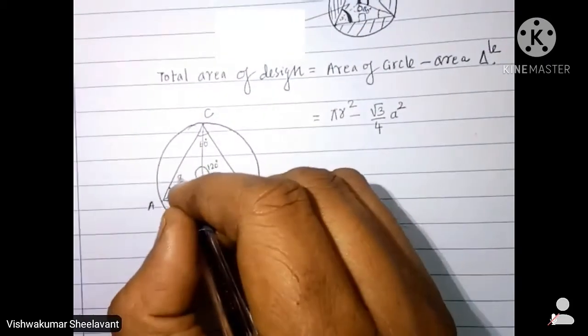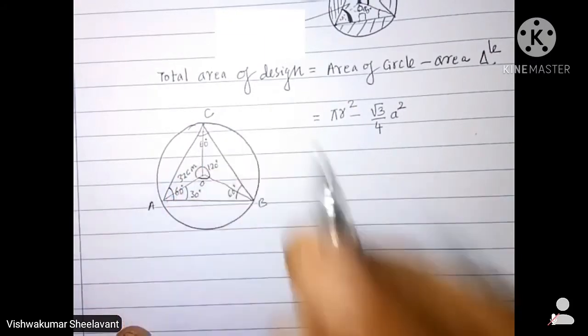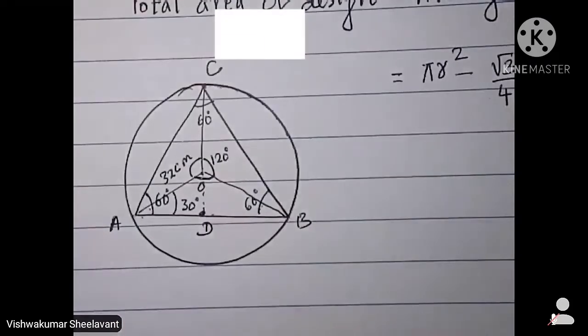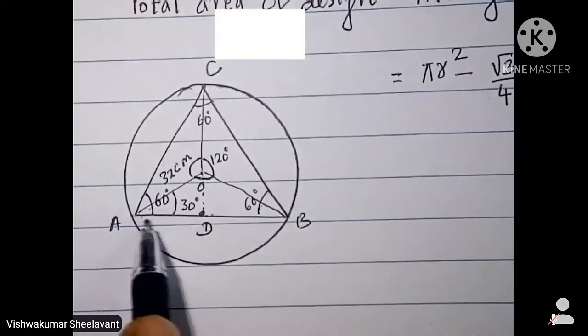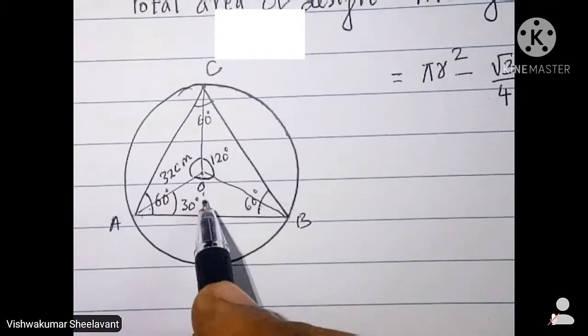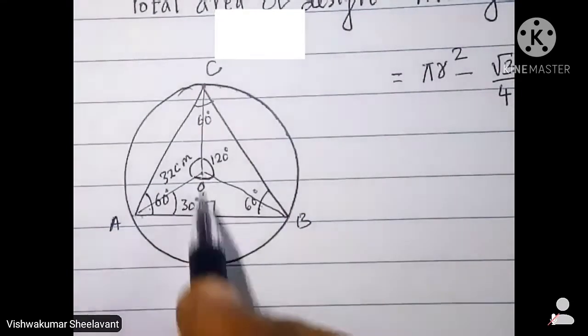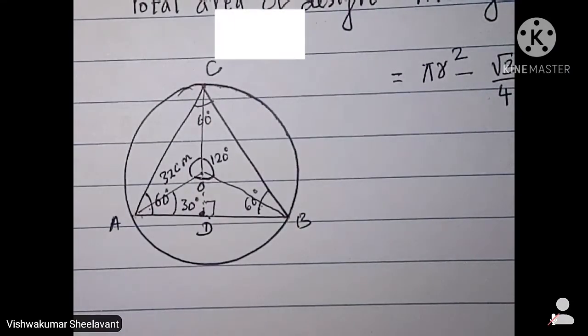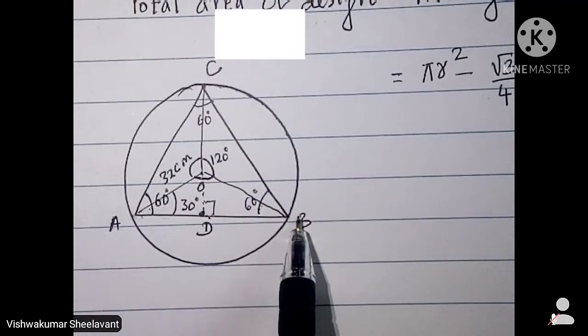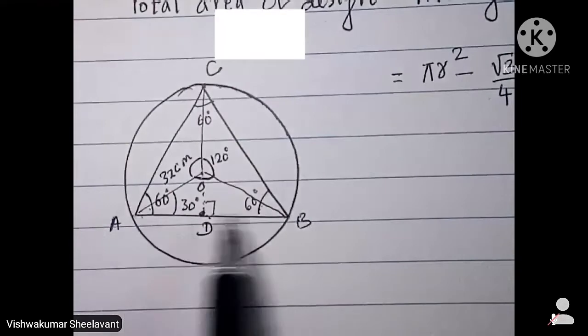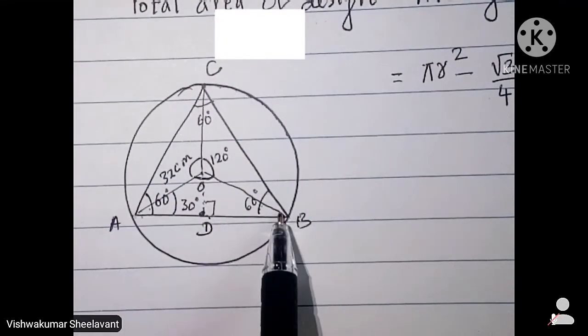And you know this length, 32 centimeter. You can make use of trigonometry and you can find the length AD. And D is the midpoint. It's the altitude here now. So it will bisect AB, because OAB is an isosceles triangle.